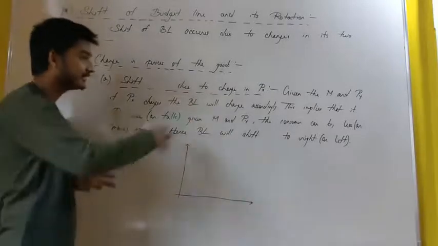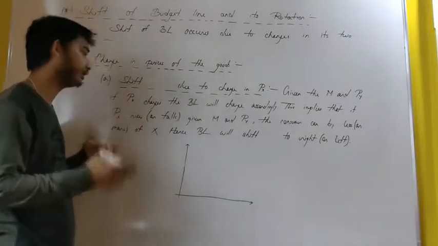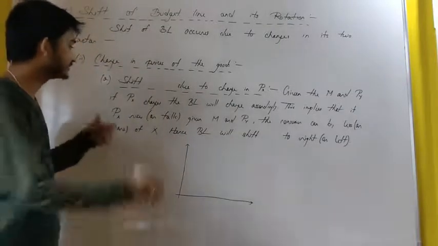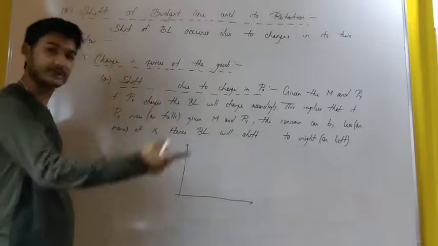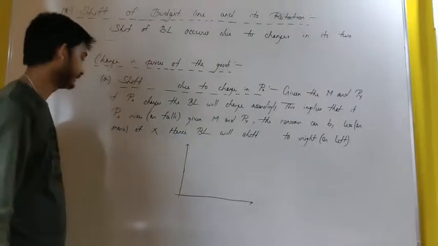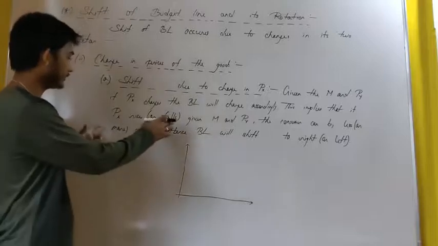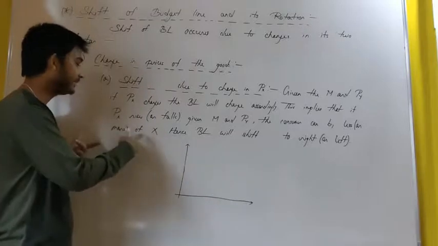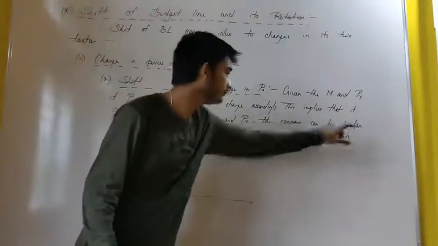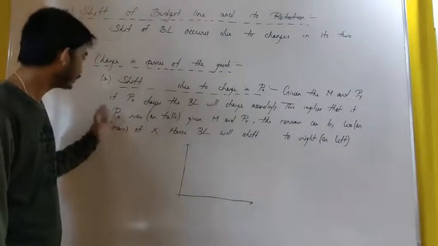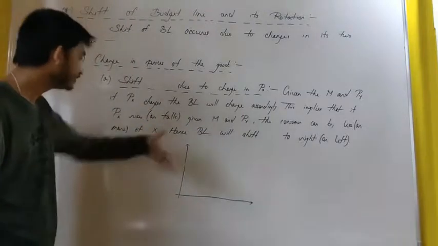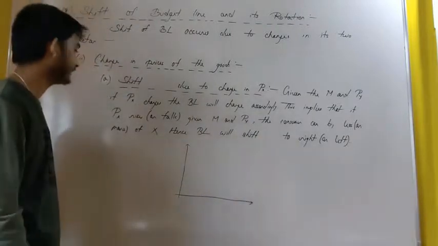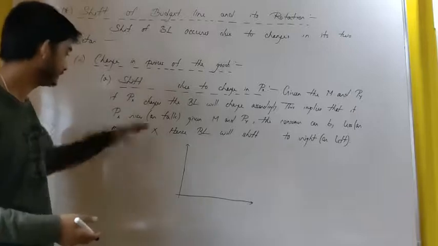I have written it in shortcut way, or you can also write it in full. This is not at all a mistake. This is just to economize the space and to save time. That means when the price of good X rises, the consumer can obviously buy less of good X, or when the price of X falls, the consumer will buy more of X, which I have written in the bracket. So I think you have understood.